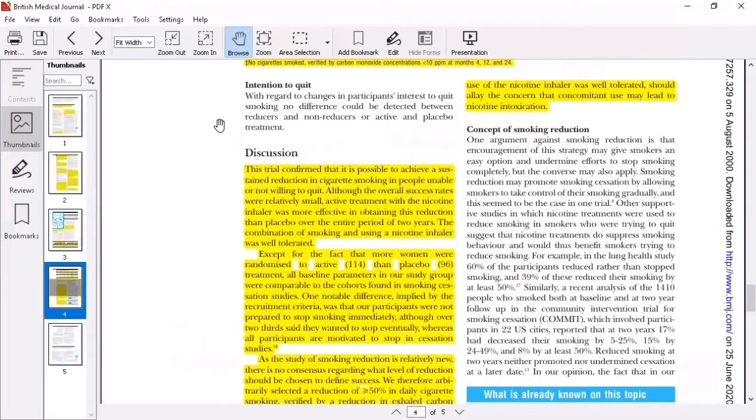Okay, next is discussion. The first that I found is checklist number 20, limitation.